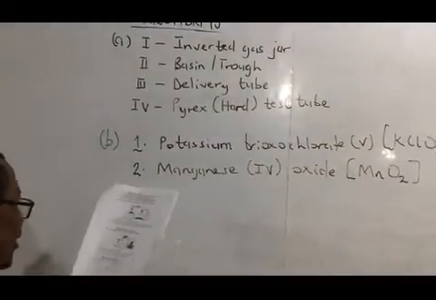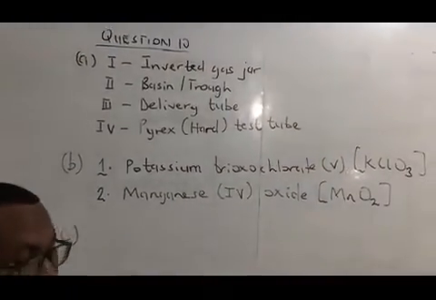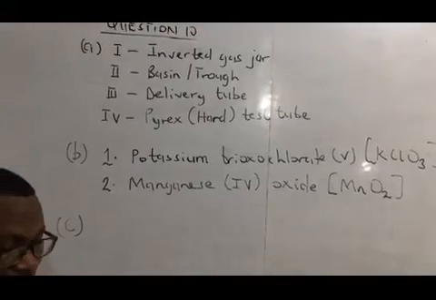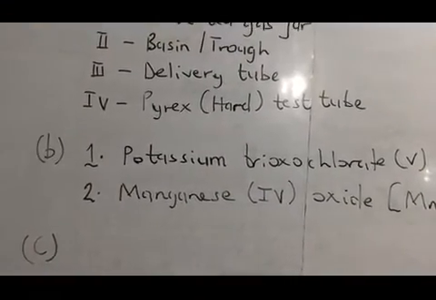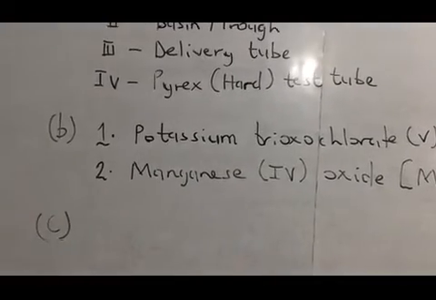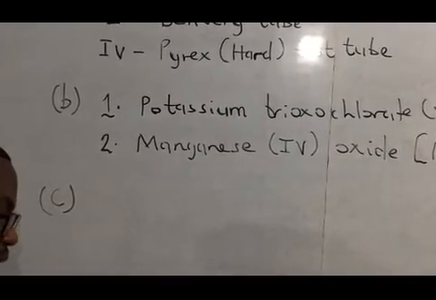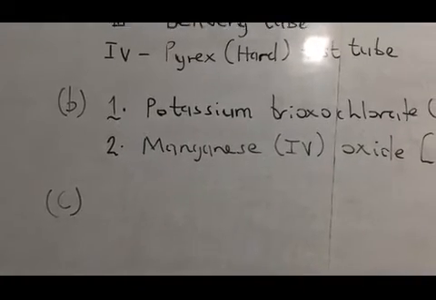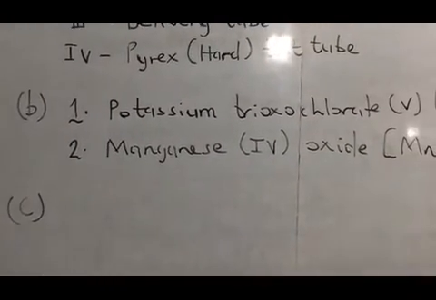And the C is asking to test. It says, how do you test for the presence of oxygen gas produced? So in the previous question, I talked about that. To test for oxygen gas, you introduce a glowing splint into the test tube containing the gas. If the glowing splint rekindles, then it shows that the gas is oxygen gas.